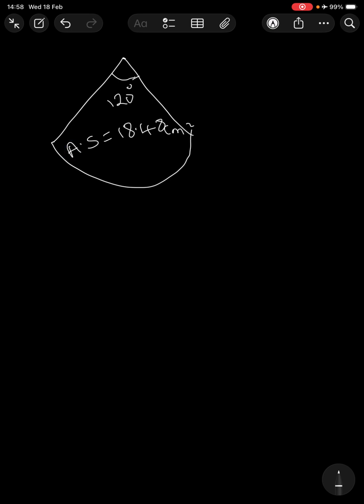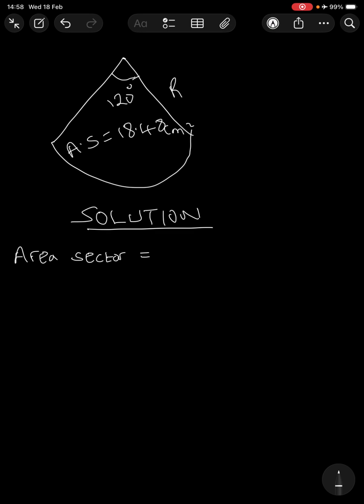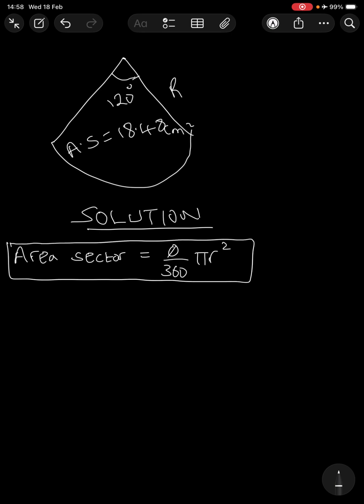And now the question is, work out the radius of the sector. So step 1, you write the formula. Area of a sector is equal to theta over 360 pi r squared. So this is the formula.